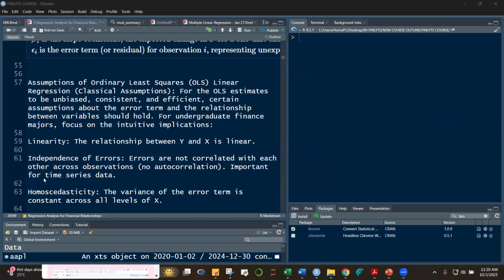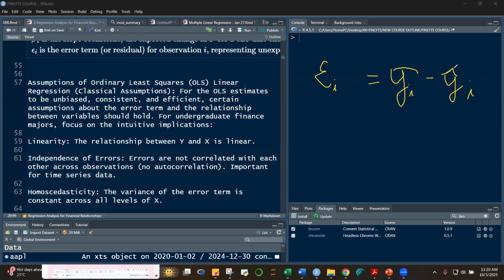And then we also said that the errors, we defined what errors are last time. Errors are the difference between your actual value and your predicted value. Your actual value is y sub i.